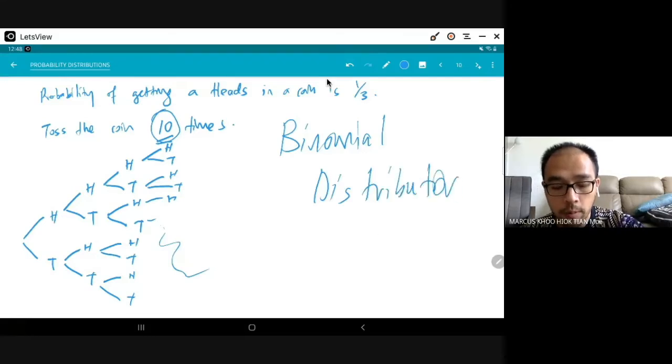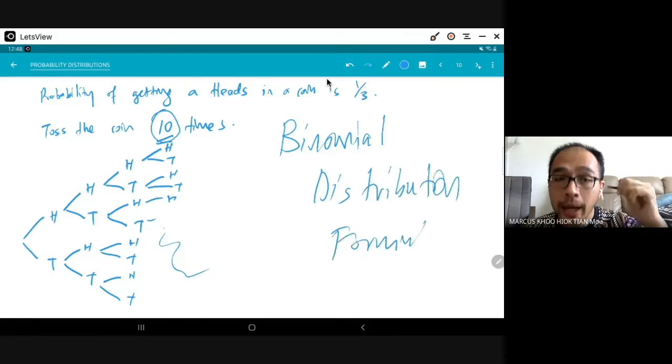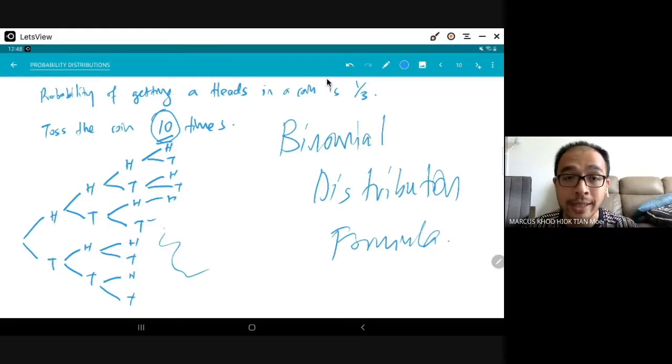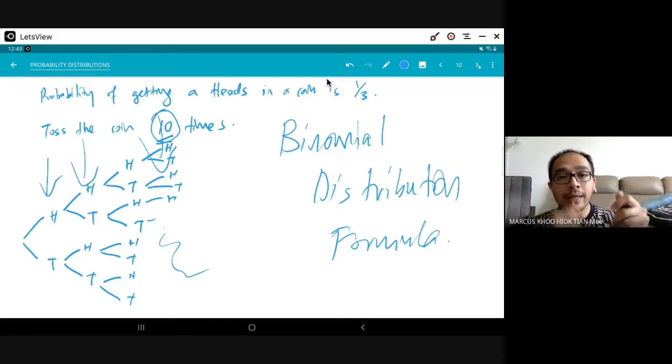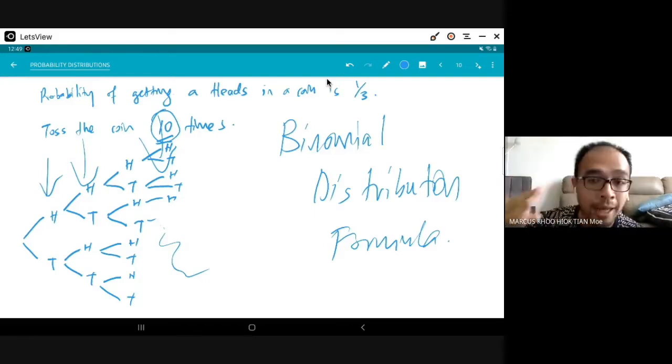The binomial distribution formula helps us to calculate the probability of what we want in a situation where the number of levels in your tree diagram, the number of times you toss a coin, the number of times you take a ball, the number of times you take a shot, is more than 3 times.